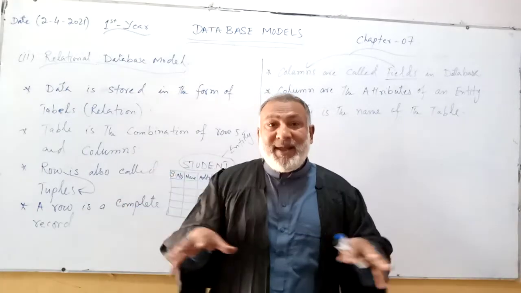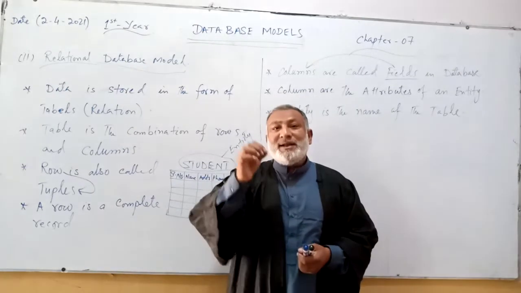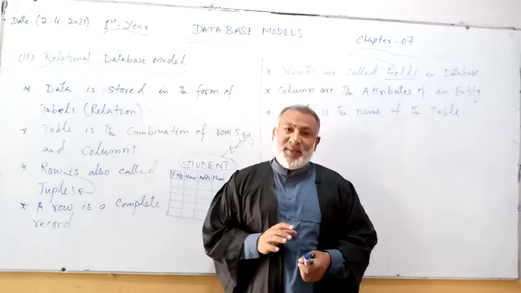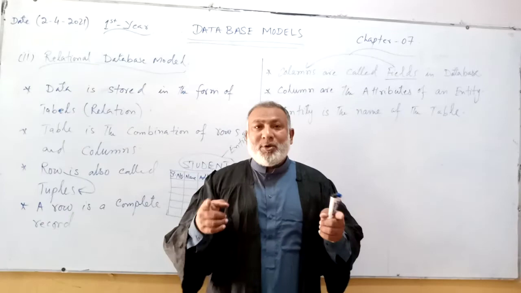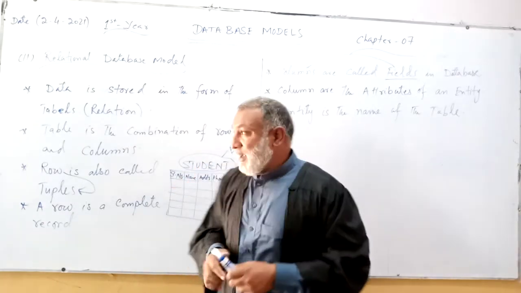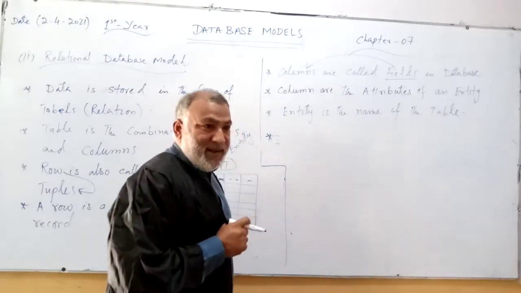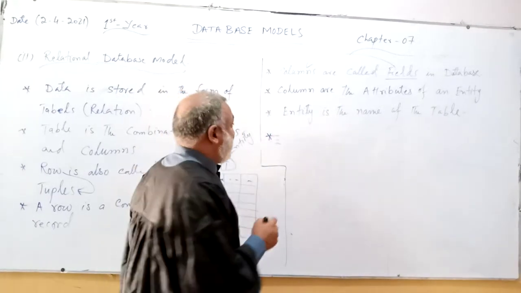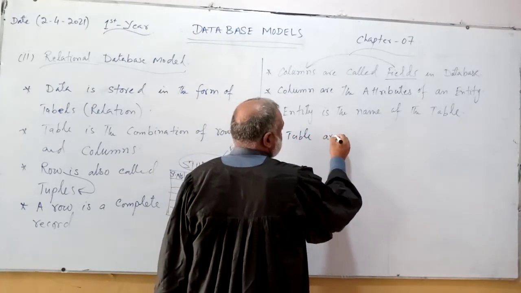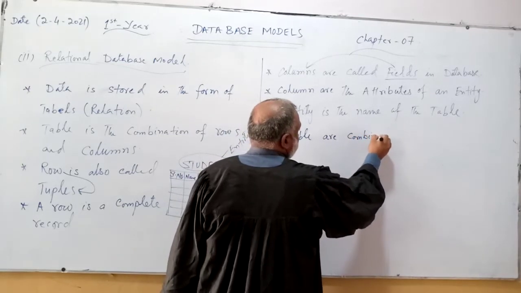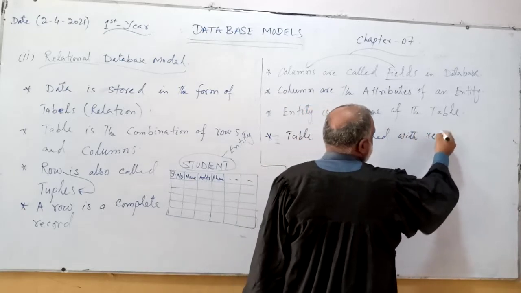These are all the main entities for which you want to design the database, and the entity becomes your table name. So if in a database you have 9 entities, you will come across 9 tables in that database. And furthermore, in a relational database model, tables are combined with relationships.